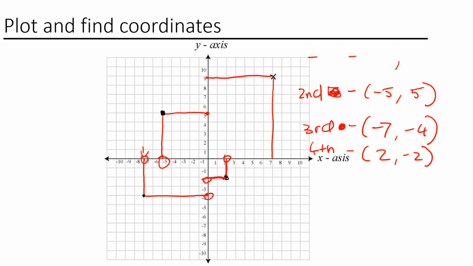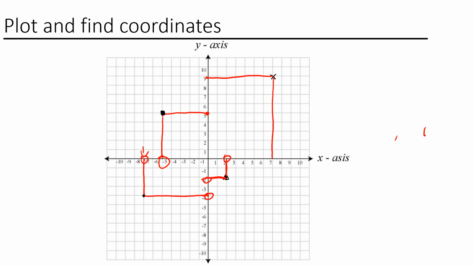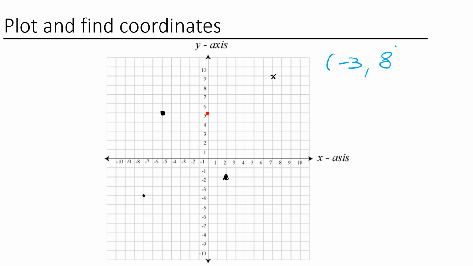Okay, so let's get rid of that for now, and I'm going to do one quick one. So what we want to do now is I'm going to give some numbers. I'm going to go -3 and 8.